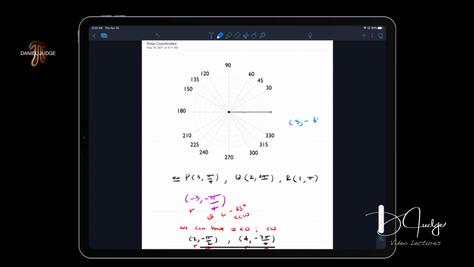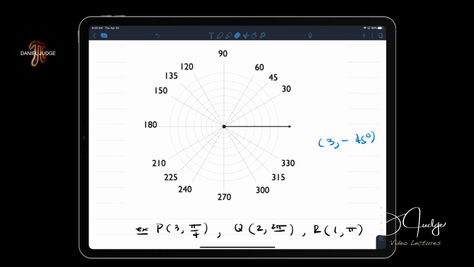We start with the positive radius, 1, 2, 3, and then we go 45 degrees down. That's negative, right? So that's going to be clockwise. Let's double check. Okay, there we go. That's 3, negative pi over 4, because we rotate the ray clockwise.